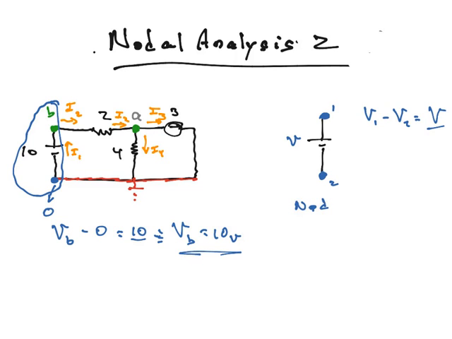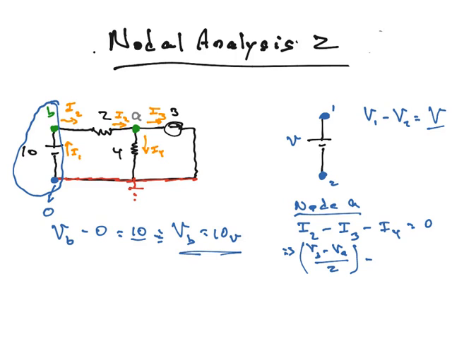So we look at node A and write its equation. We've got I2 coming in, minus I3 going out, minus I4 going out, is equal to 0. As usual, for any of the I's I happen to know, I'll plug in the number, and whichever ones I don't, it's V over R. For I2, I don't have a current source there, so it's V over R. It's going from B to A, so it's (VB minus VA) divided by the 2 ohms, minus I3.